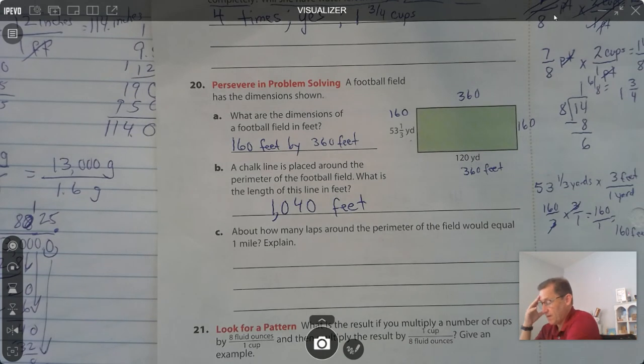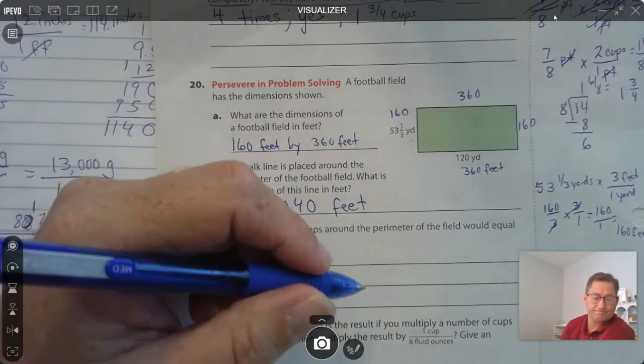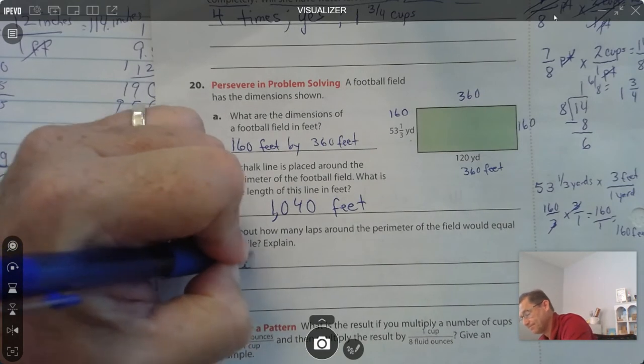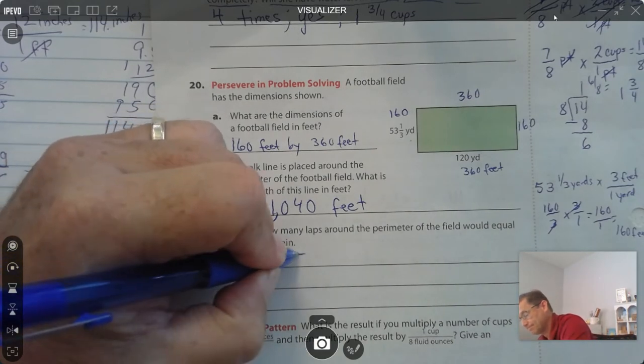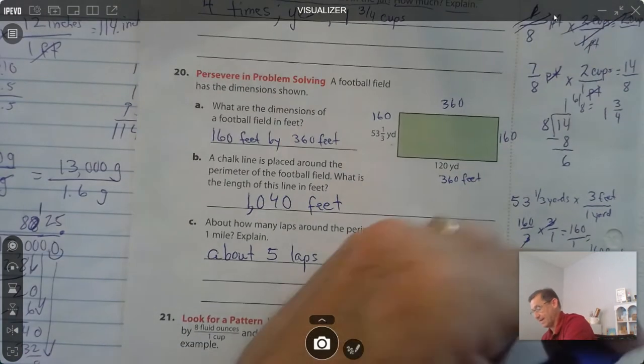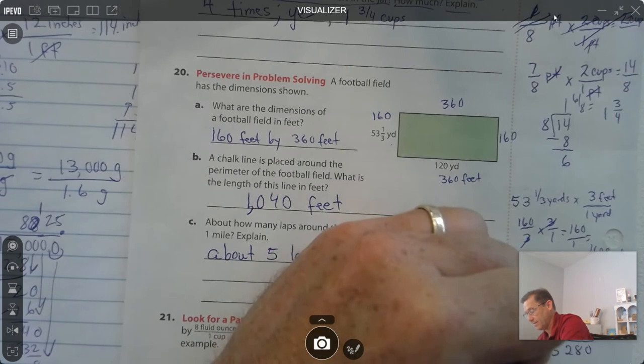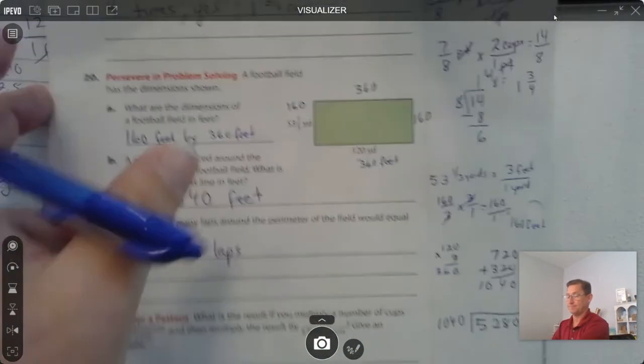About how many laps around the perimeter of the field would equal 1 mile? Well, about 5 laps, right? Because basically we're saying 5,280 divided by 1,040.